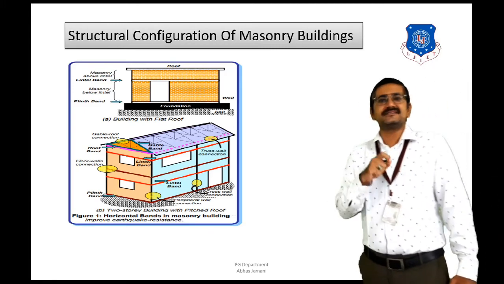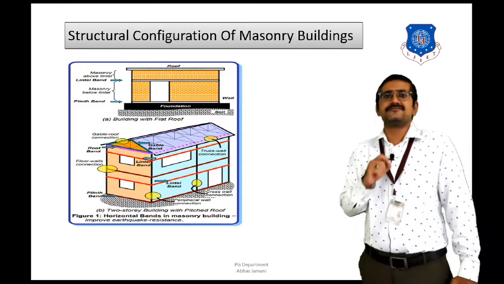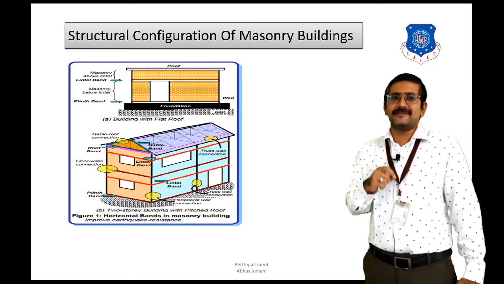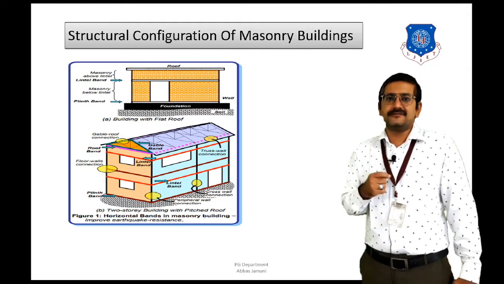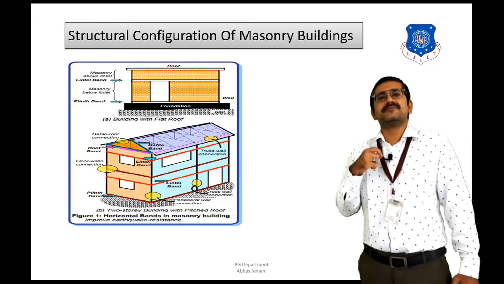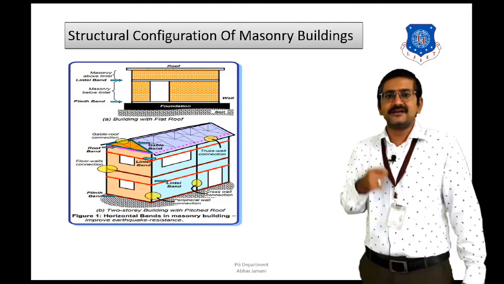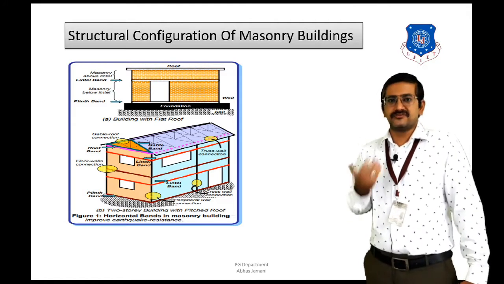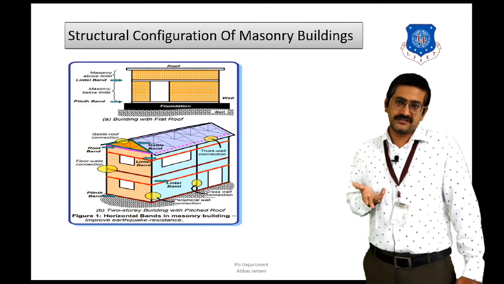Now it is not necessary that all these bands have to be provided in all types of building. Right? IS 4326 is giving you a guideline. Depending upon the number of stories, the height of the building, and the seismic zone in which the building is located, all these four bands may be required, or only a couple of bands from this list may be required.